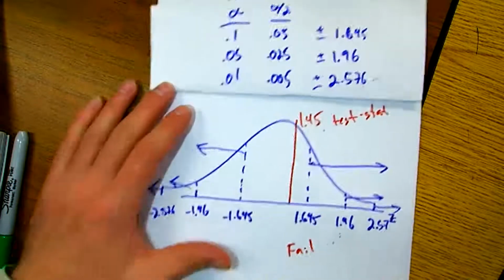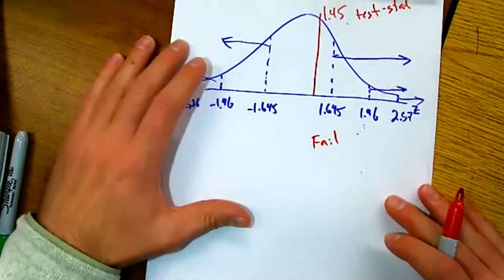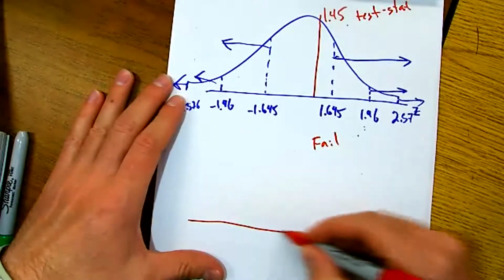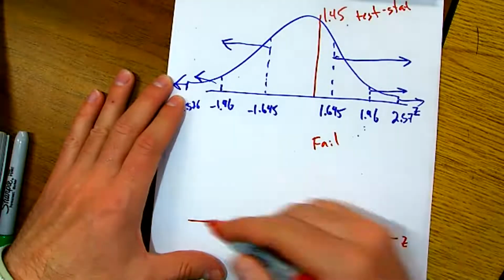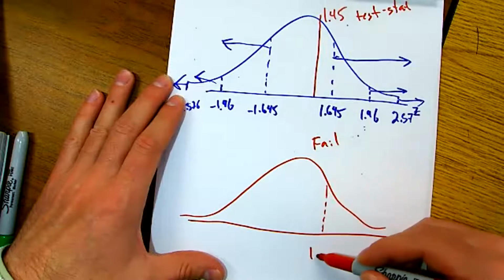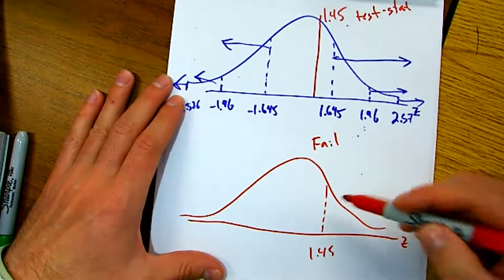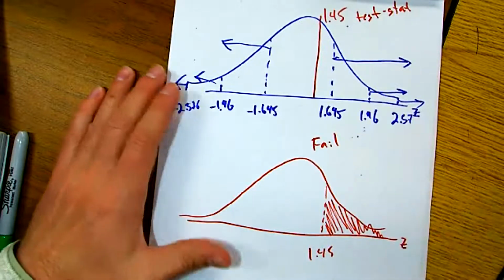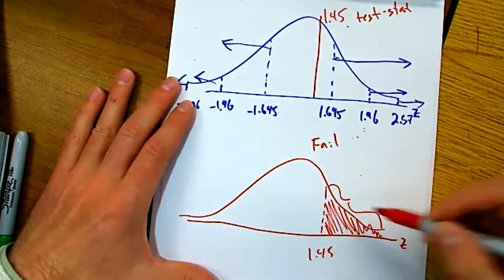Now, if instead you decided that, and I think the multiple choice question that we had asked for the p-value, then it would look something like this, right? So we've got this test statistic of 1.45. The p-value is the probability we saw something that far away from the assumed true difference or something even further.